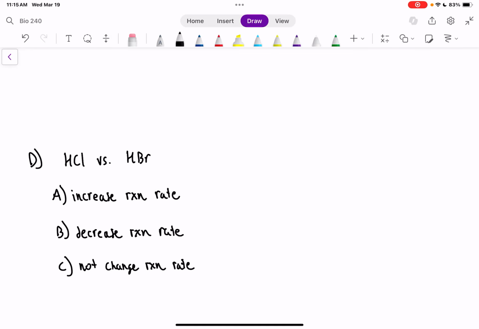Taking this back all the way to unit 1, when we were first talking about electronegativity and size differences, I'll draw an example of H bonded to a Cl like this. We know that the dipole points this way, and that hydrogen has a partial positive and Cl has a partial negative.